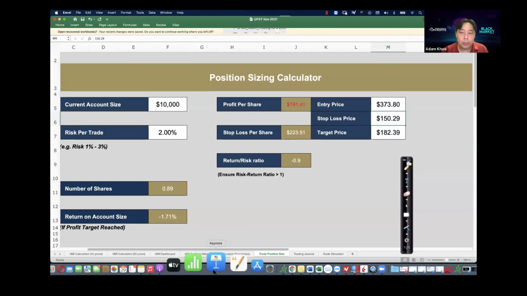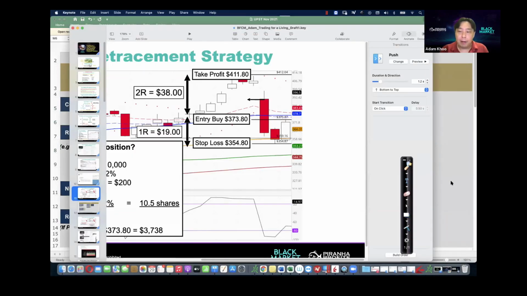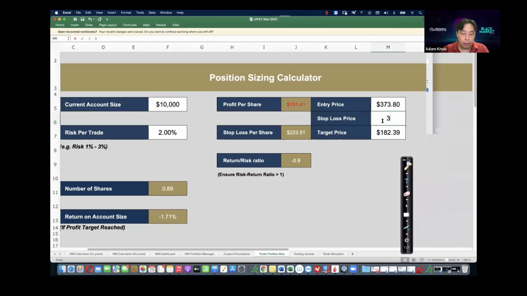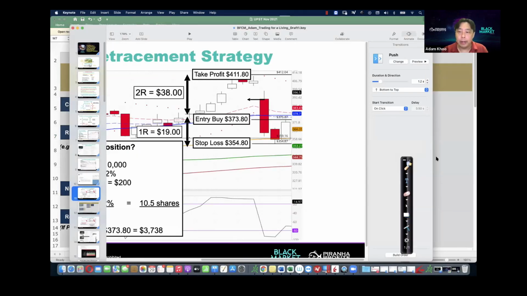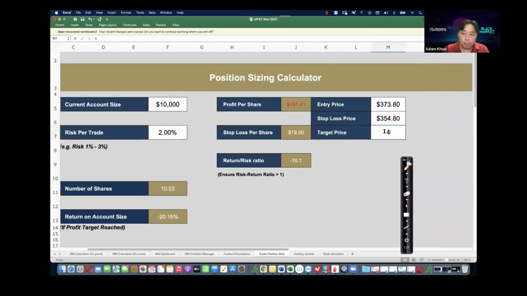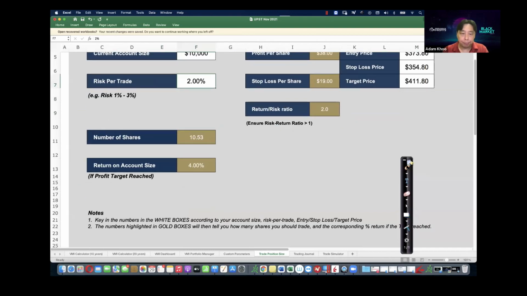And our stop loss 354.8, and our profit target 411.8. Right. So you can see once you key in all these numbers, immediately it'll tell you, hey, you buy 10 shares, 10.5. Ta-da! So it makes it very simple.